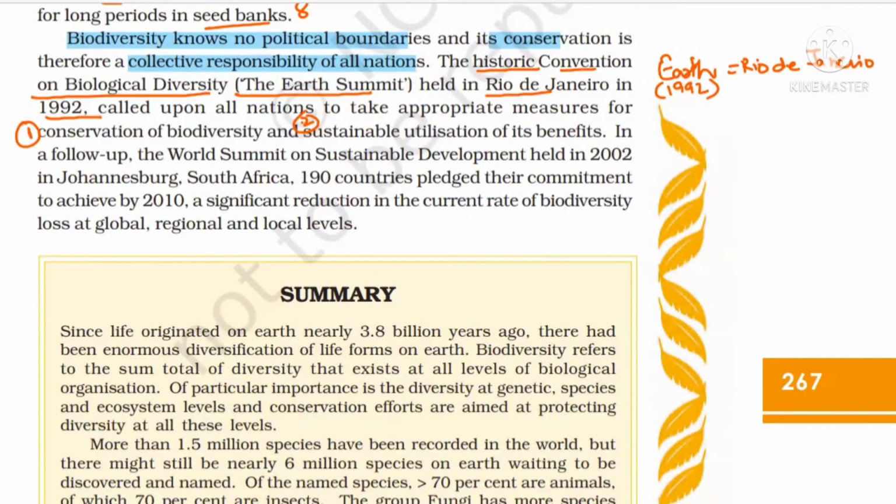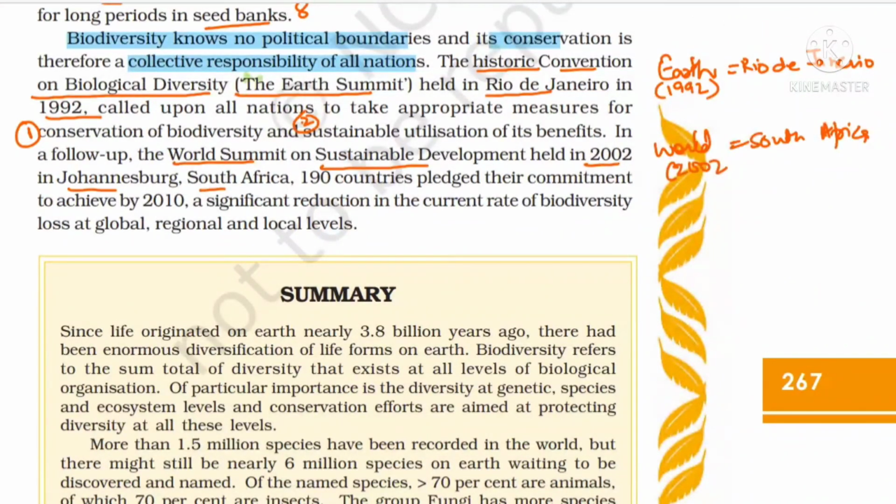After that, the World Summit was held. World Summit was held on sustainable development in 2002 in Johannesburg, South Africa. So you can write down World Summit 2002. Where, beta? In South Africa. Is it clear? So please learn properly, beta.